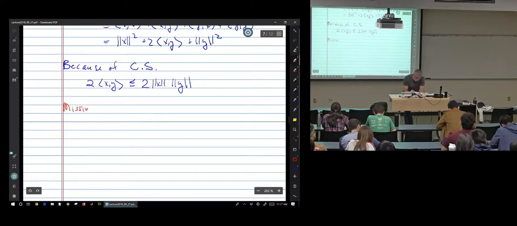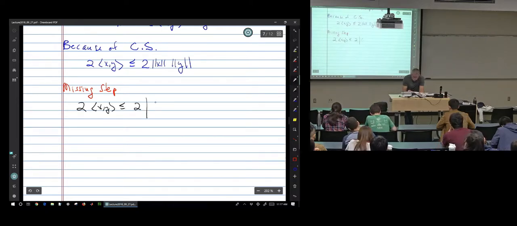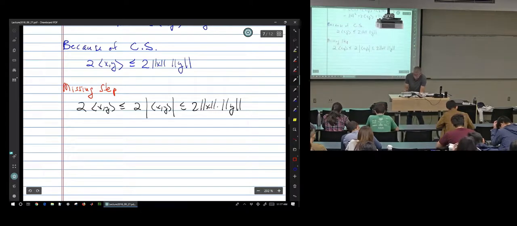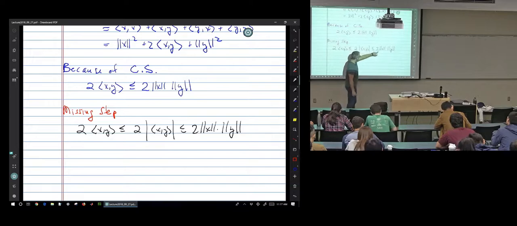This is not really missing. 2 times the inner product of x and y is less than 2 times the magnitude, and that's where the Cauchy-Schwarz is. So I skipped a step. A number is less than or equal to its absolute value. And then this symbol is the inner product of x to the half.